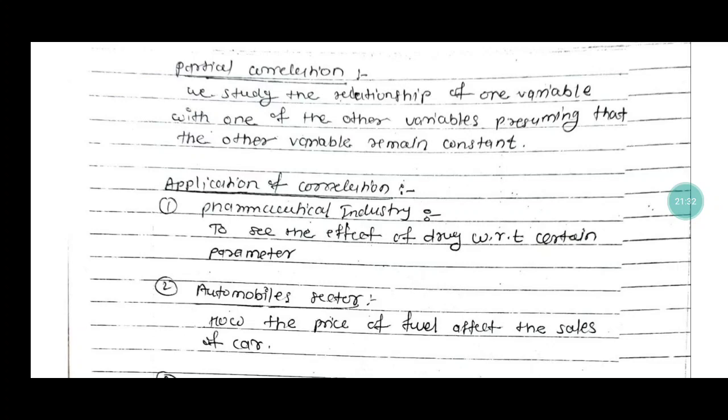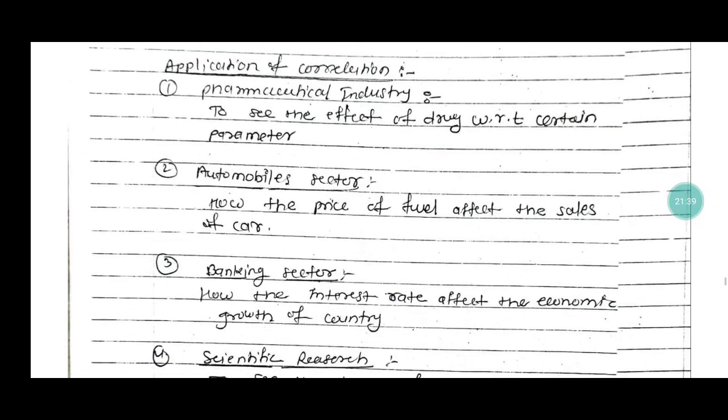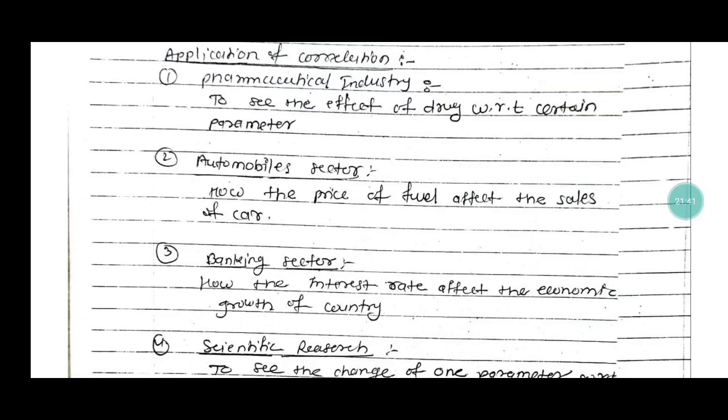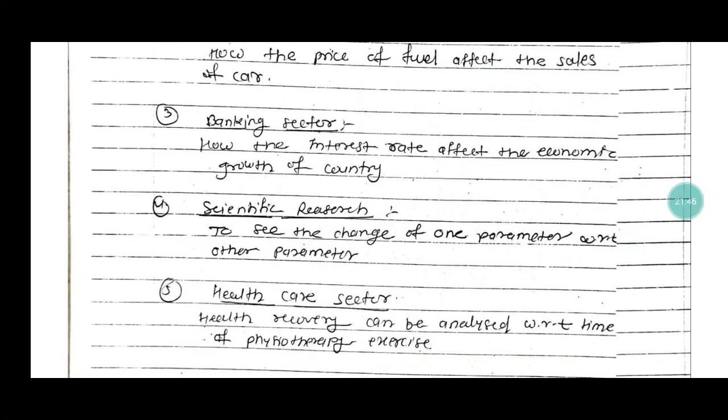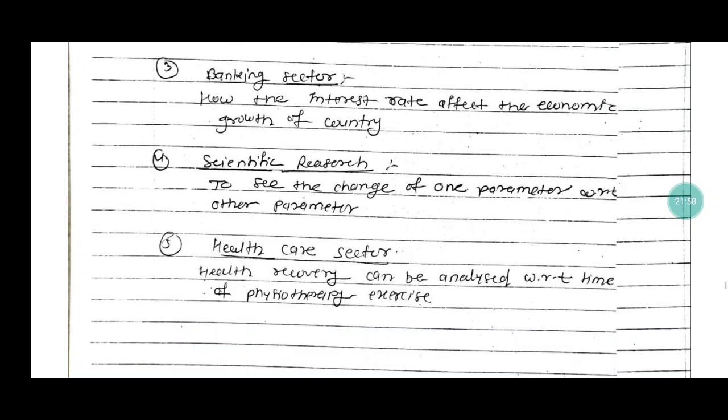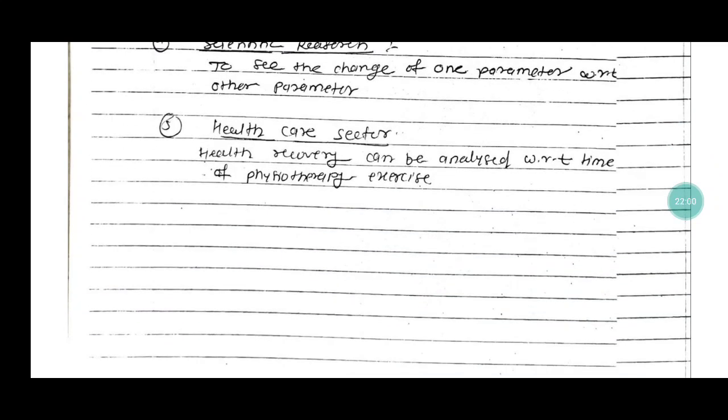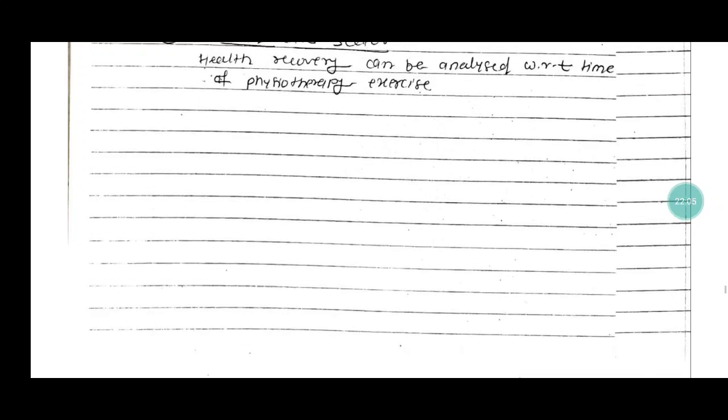The applications of correlation are: the pharmaceutical industry, to see the effect of a drug on certain parameters; the automobile sector, how fuel price affects car sales; the banking sector, how the interest rate affects the economic growth of the country; scientific research, to see how the change of one parameter affects another; and the healthcare sector, where health recovery can be analyzed by the time of physiotherapy exercises.